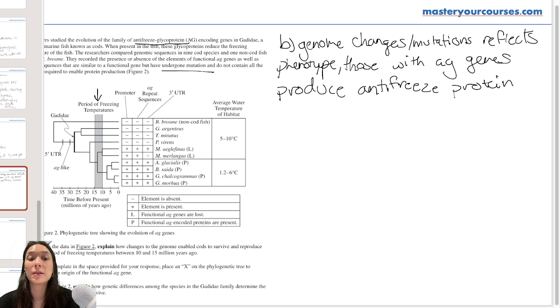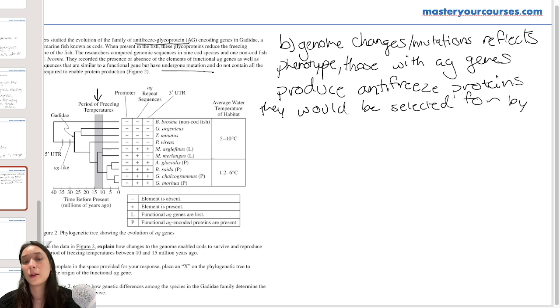And these ones would be selected for by the environment, by the colder environment, so during that period of freezing temperatures.